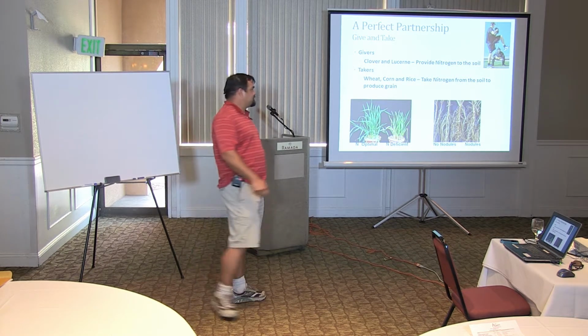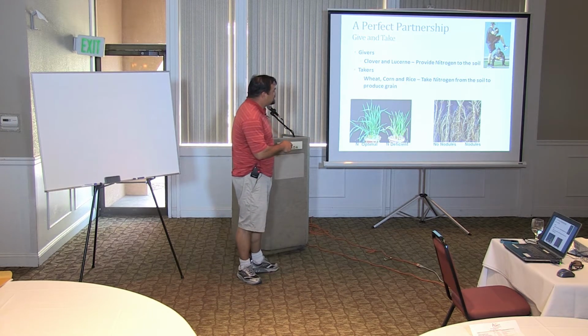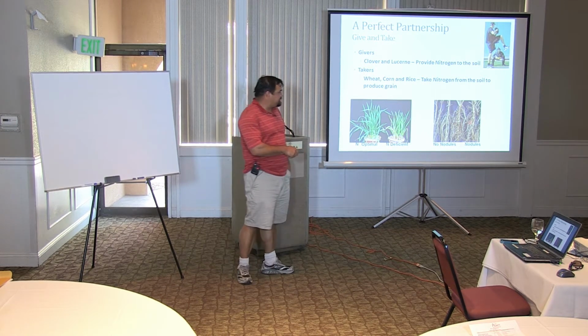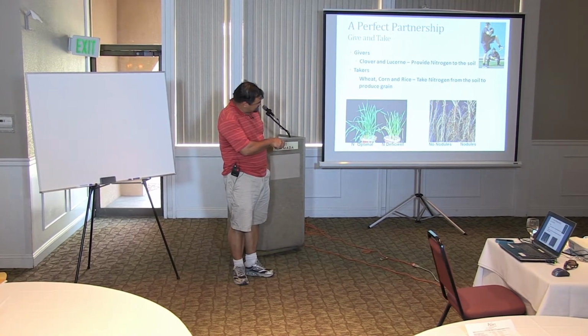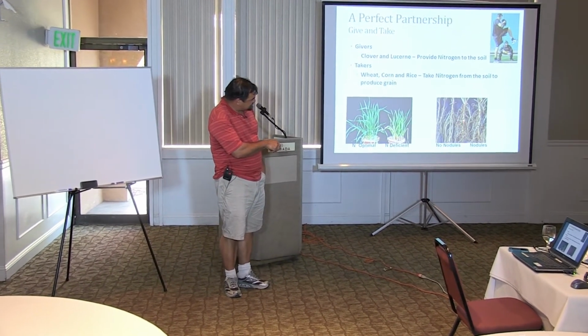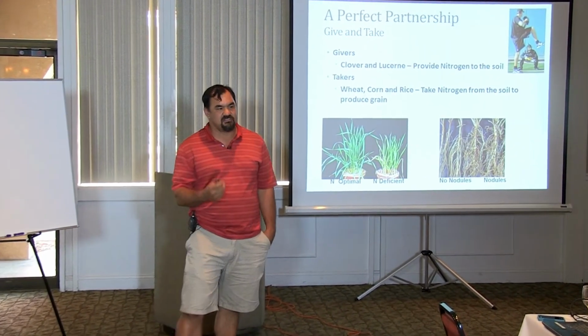What happens is that the clover and the alfalfa have the ability of accumulating nitrogen in their roots. You can see it down here. You see these roots here. You see these balls right here. We call them nodules. Those nodules are just chock full of nitrogen.